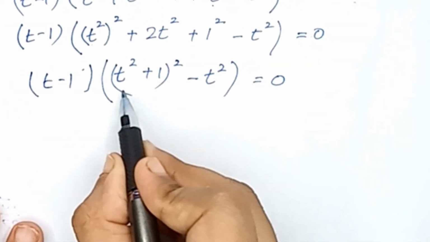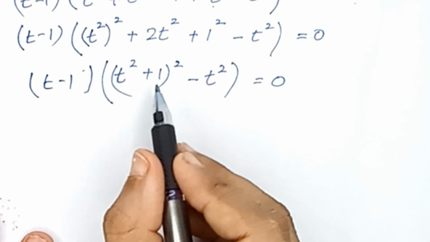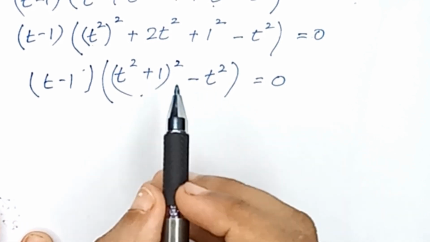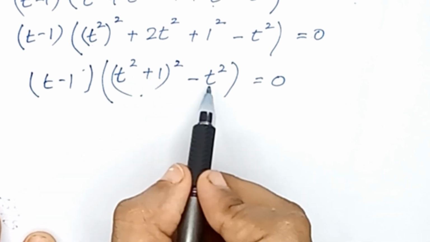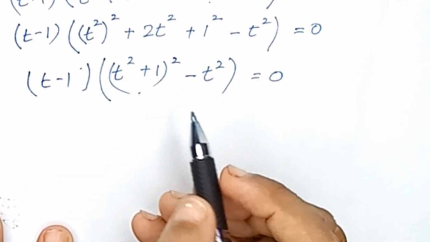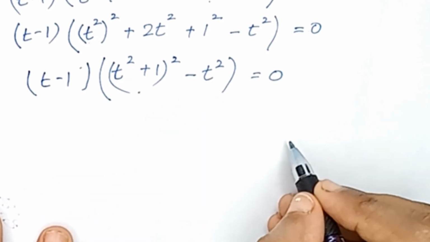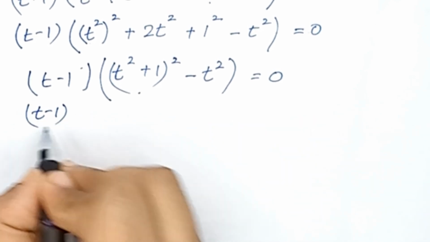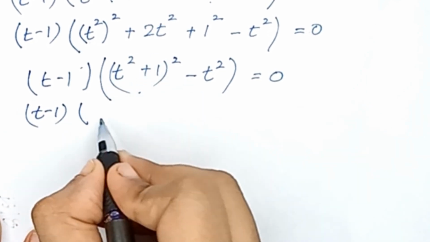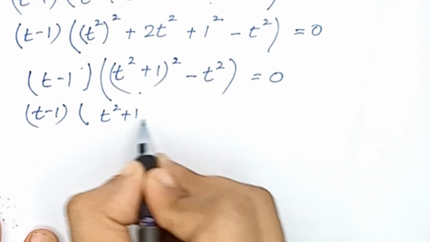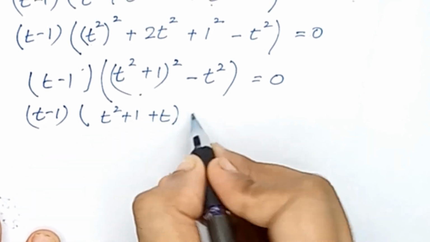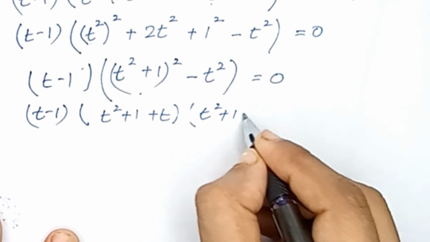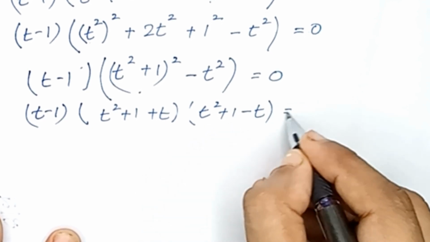If we consider this t square plus 1 as a and this t as b, then it will be a square minus b square, which is equal to a minus b times a plus b, as we know. So here a is t square plus 1 plus t, and then t square plus 1 minus t, and it is equal to 0.